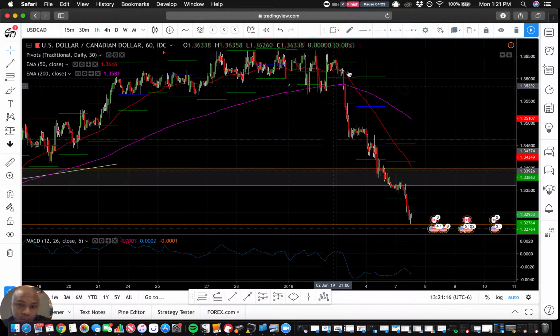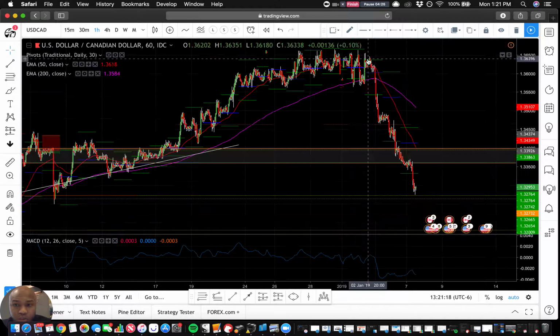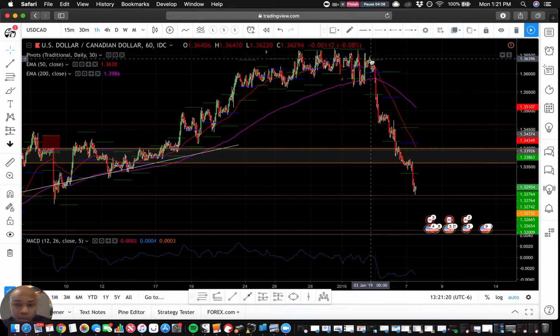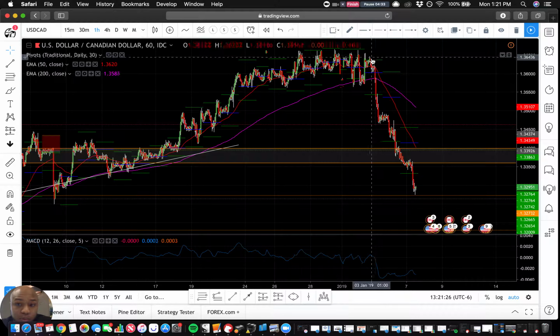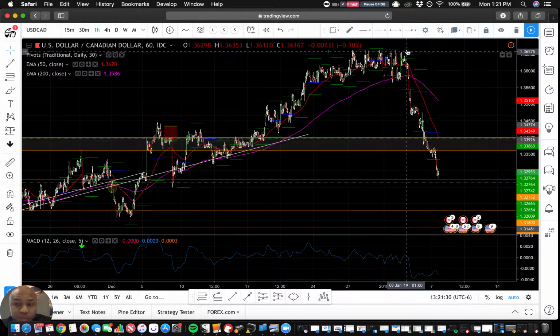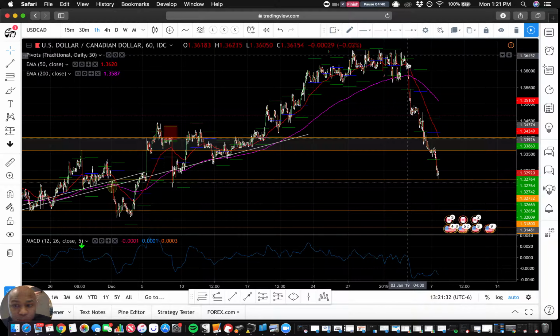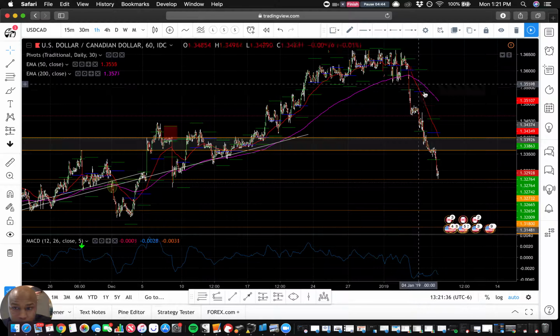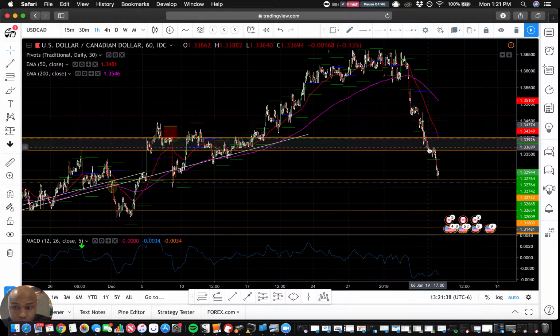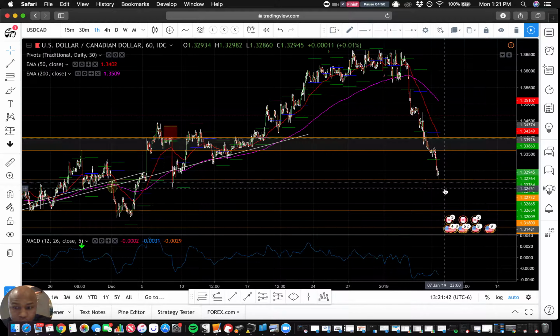So on something like this, what you want to do is, if you can, and I can't yet, I'm not that skilled yet to where I can catch this first down move. But this is indeed the safest play by far because your stop loss would be way up here. But now I'm looking for a pullback to this blue area, red area overlap. It hasn't happened yet. It's just been dropping.